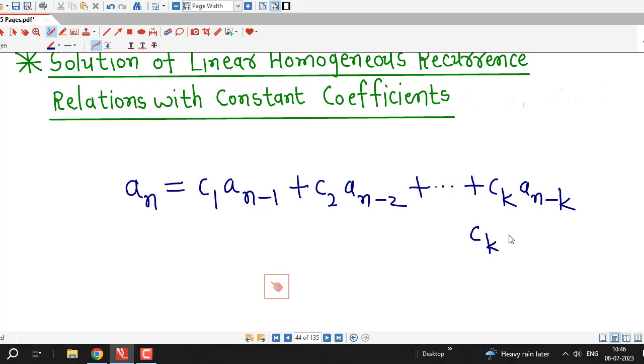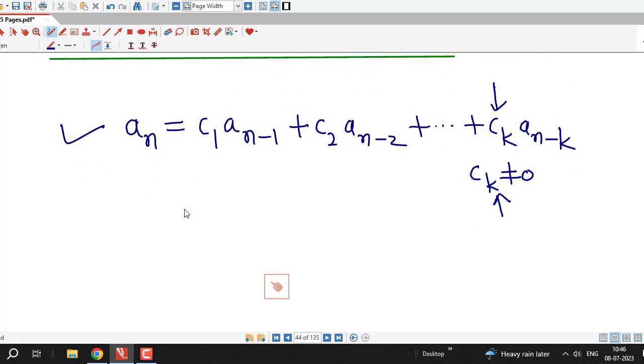And if this ck is non-zero, then this is a linear homogeneous recurrence relation with constant coefficients of degree k.